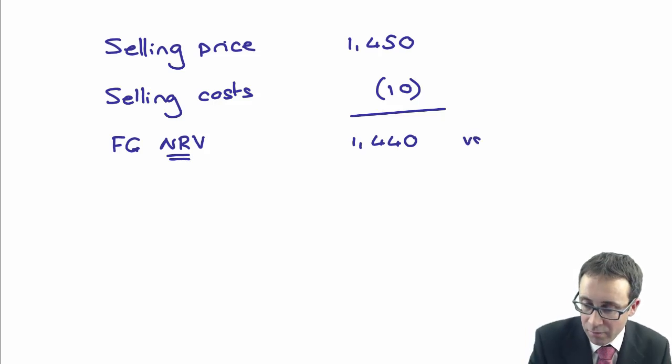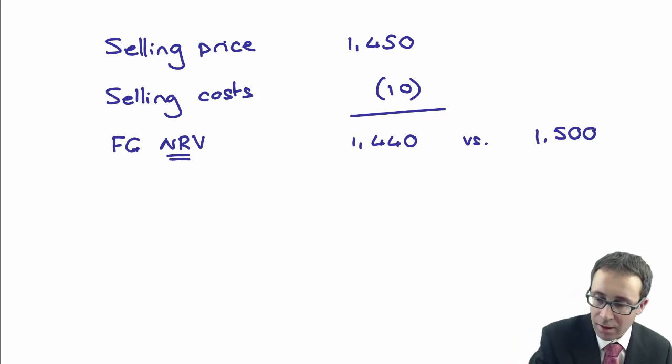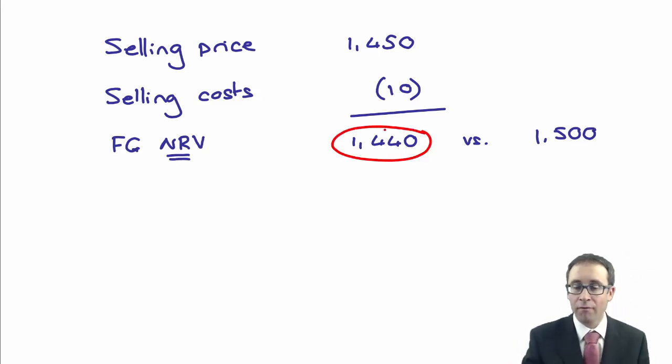Okay. Versus, is it the 1,500? Okay. So if that's the case, we need to value the inventory at the lower. The lower is there at the 1,440, isn't it?